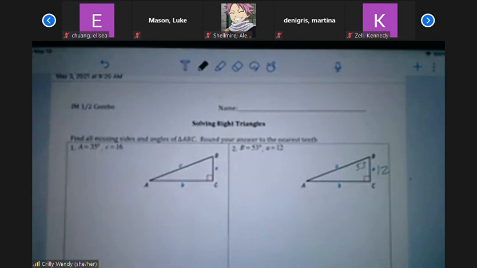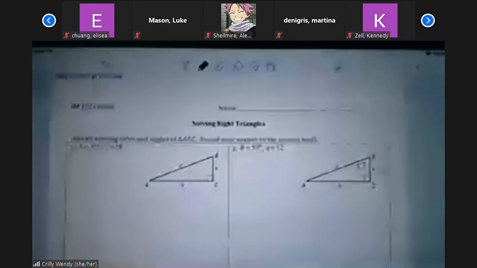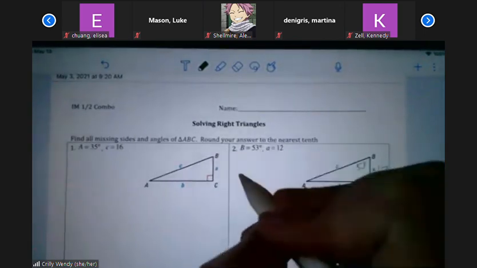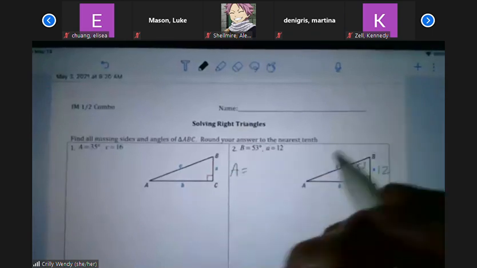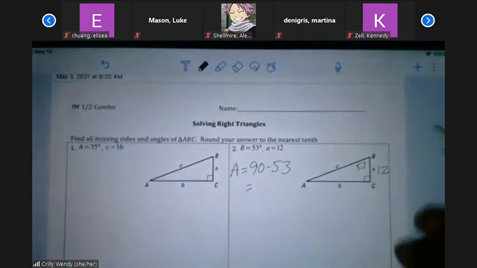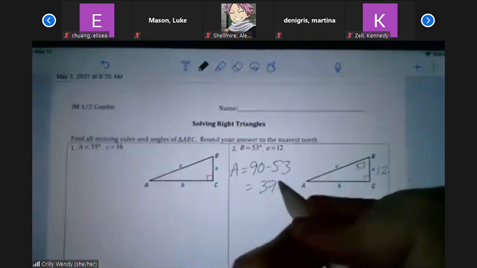We can use the fact that the 3 angles have to add to 180, which means the acute angles have to add to 90. So when we're solving the right triangle, you can use any information you have. So if I'm given one angle, I'm just going to start with the other angle. The 2 acute angles have to add to 90. So angle A is going to be 37 degrees.